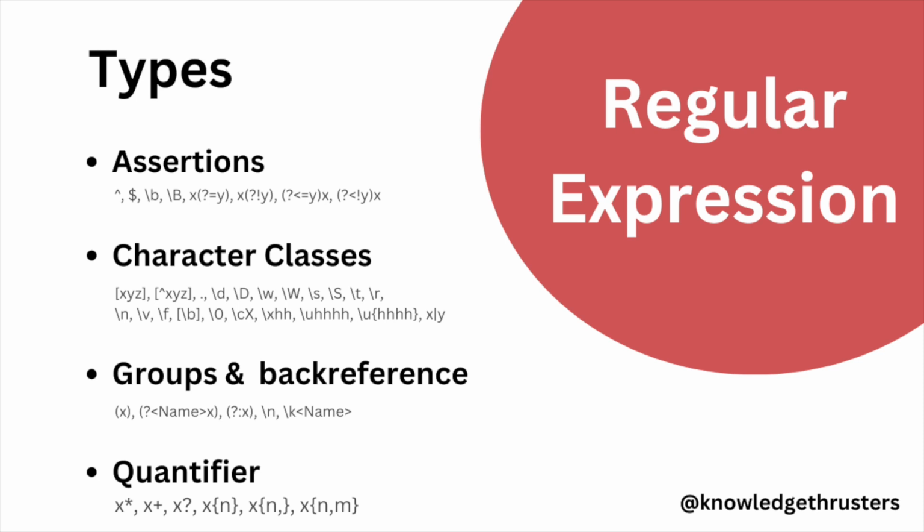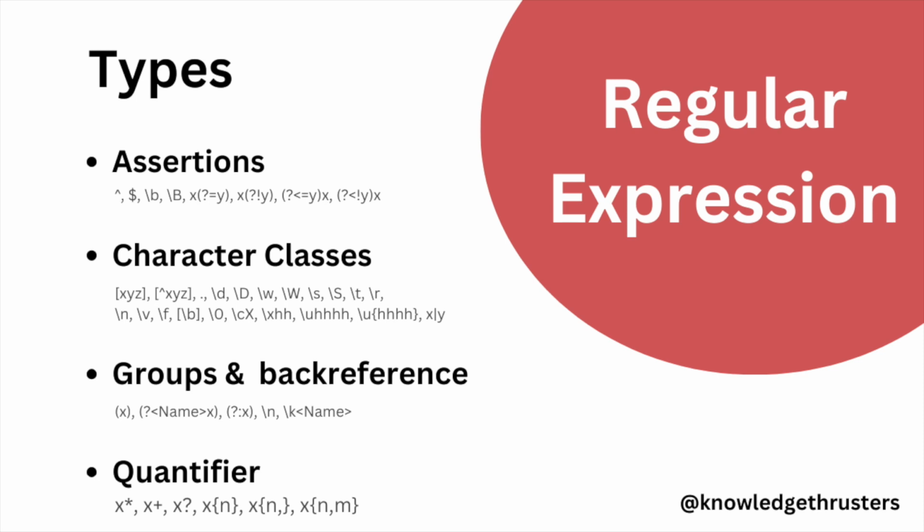Then groups and back references. A group basically groups multiple patterns as a whole. So it creates a group of patterns, and a group can be created using brackets. Anything you write inside the brackets will be considered as a group. After that, quantifiers.